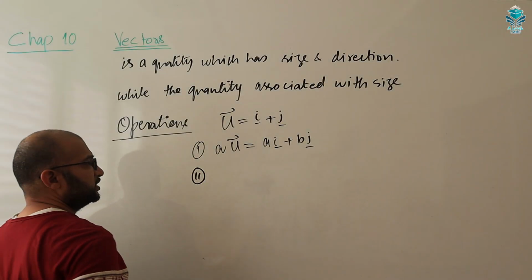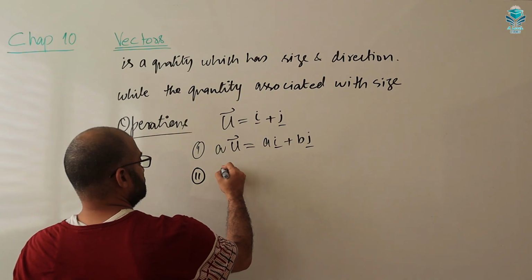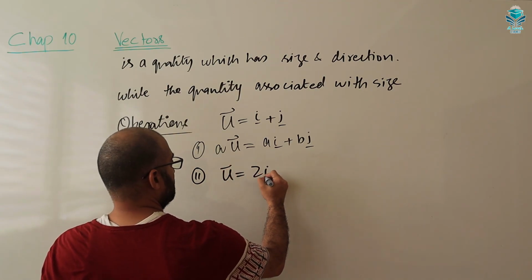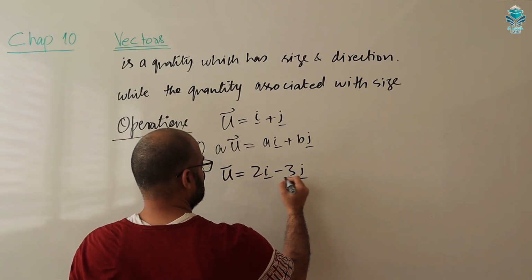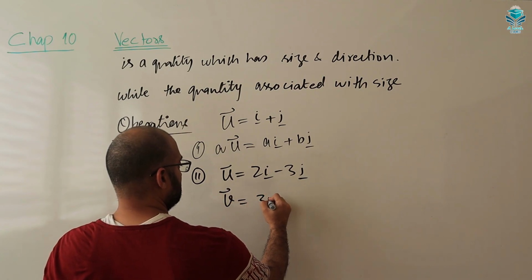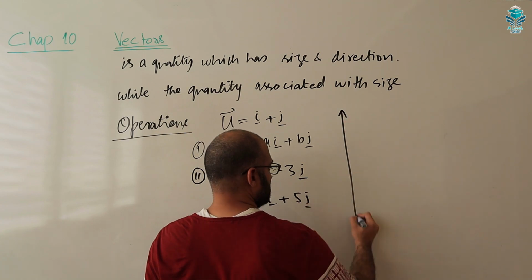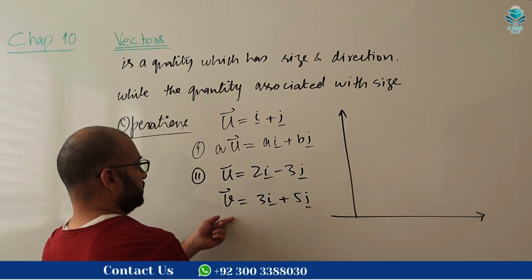The second operation is the addition of two vectors. Let's say one vector is u, which is 2i minus 3j, and another vector v is 3i plus 5j.